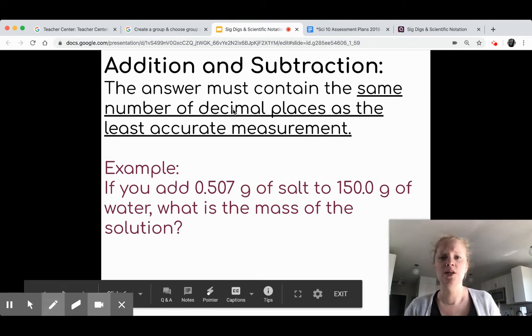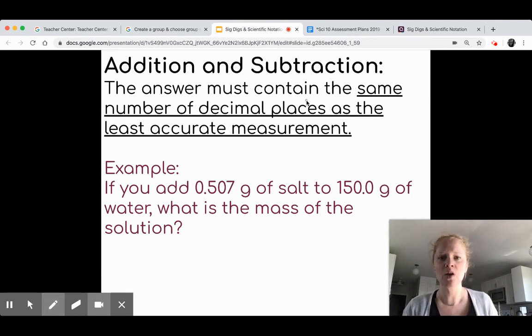So for addition and subtraction, you are going to always have your answer, and something I would write down is, the same number of decimal places. So this is strictly decimal places, nothing to do with the counting of the sig digs that I was talking about, to the least accurate.